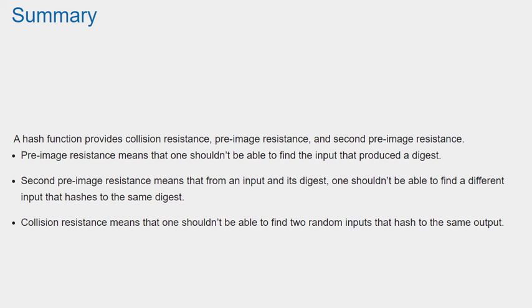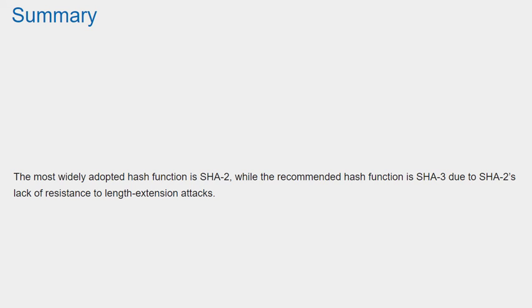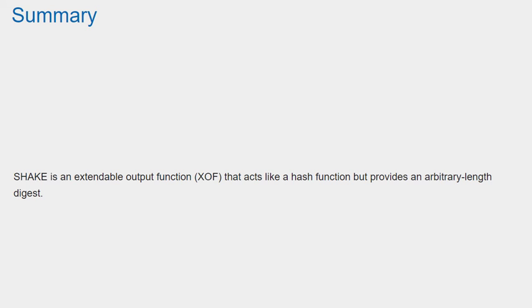Collision resistance means that one shouldn't be able to find two random inputs that hash to the same output. The most widely adopted hash function is SHA-2, while the recommended hash function is SHA-3 due to SHA-2's lack of resistance to length extension attacks.